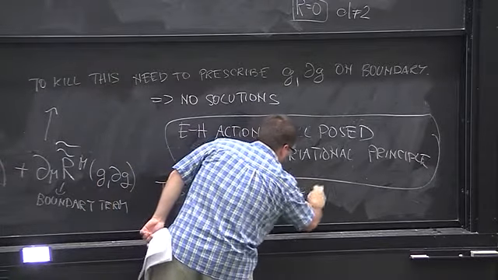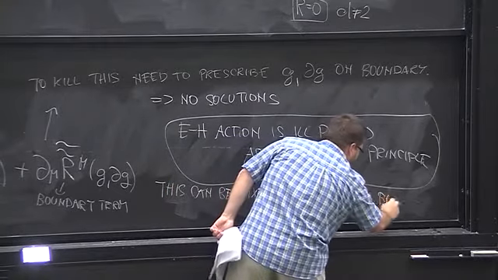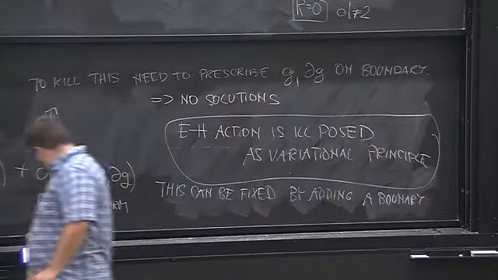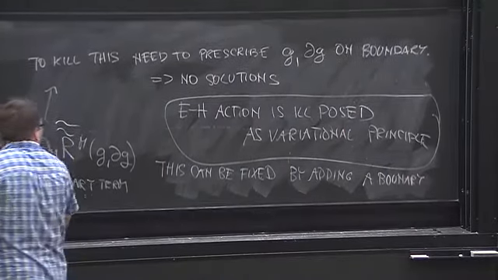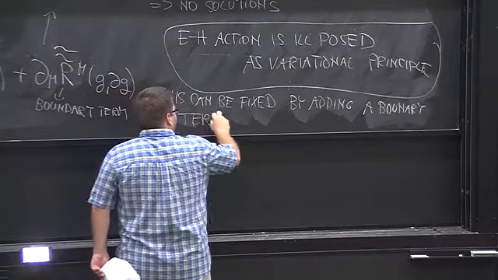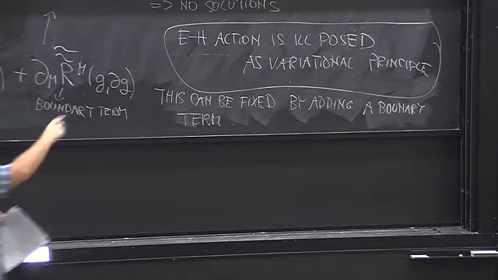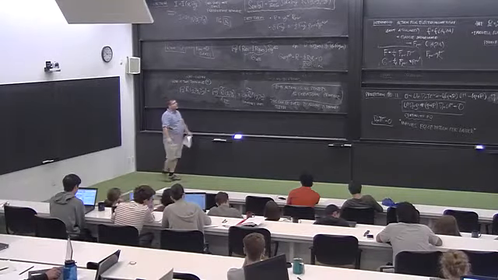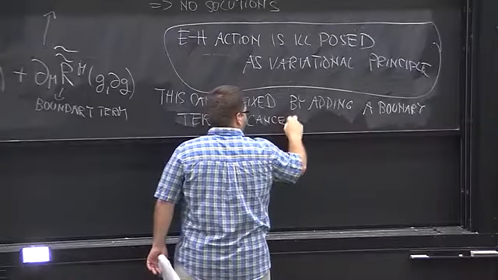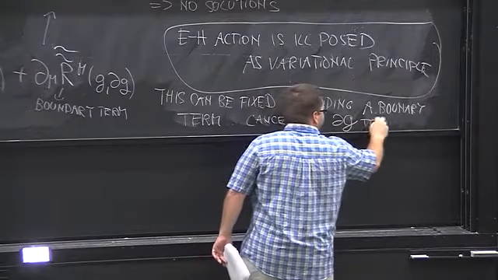This can be fixed by adding a boundary term which cancels these. So on the boundary I have something which depends on g and dg as well, which cancels these partial derivatives, canceling dg terms on the boundary.